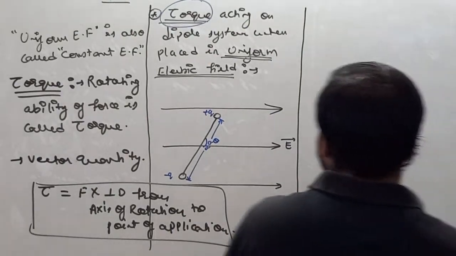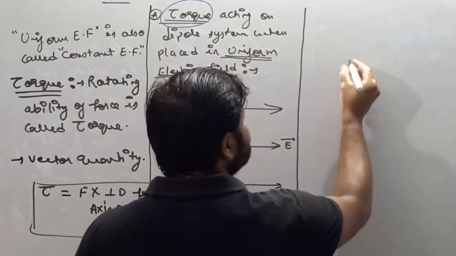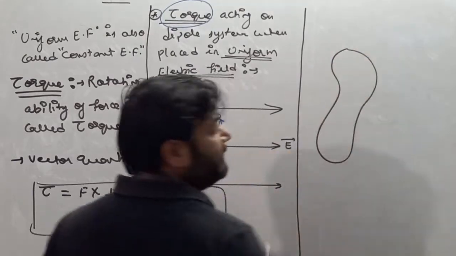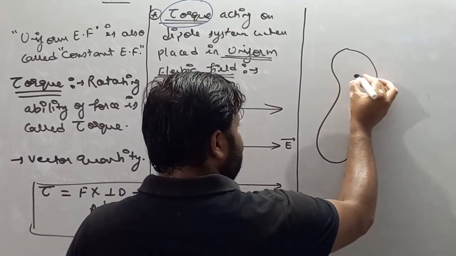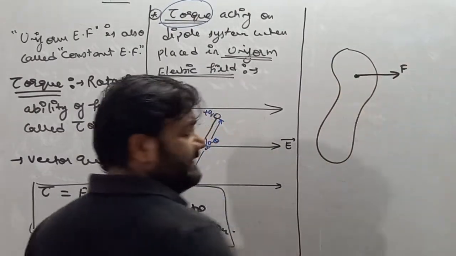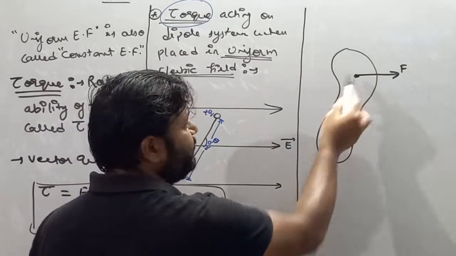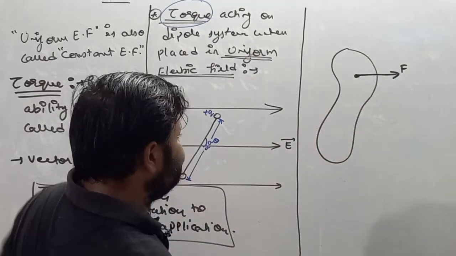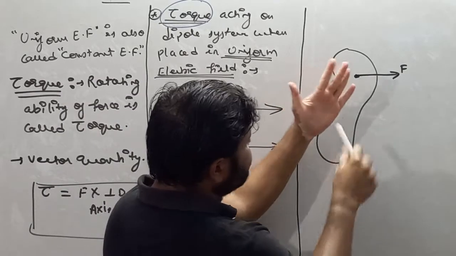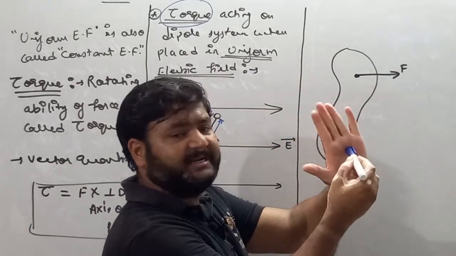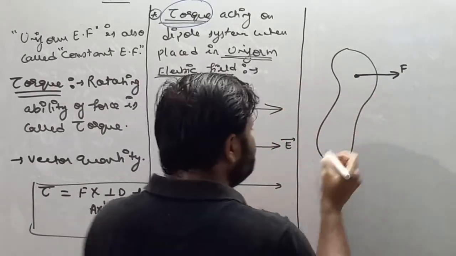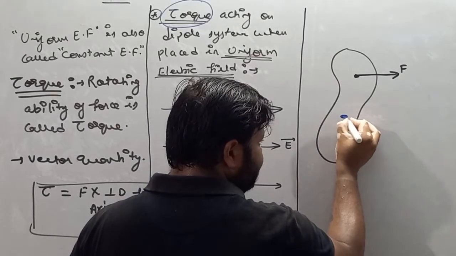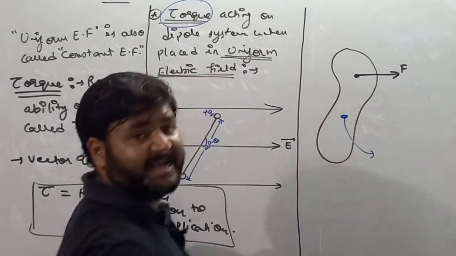I am defining it here. Let's suppose we have a body and we apply some force F at this point. Now suppose the body starts performing rotational motion like this due to this force. Any rotation can take place about a fixed axis.